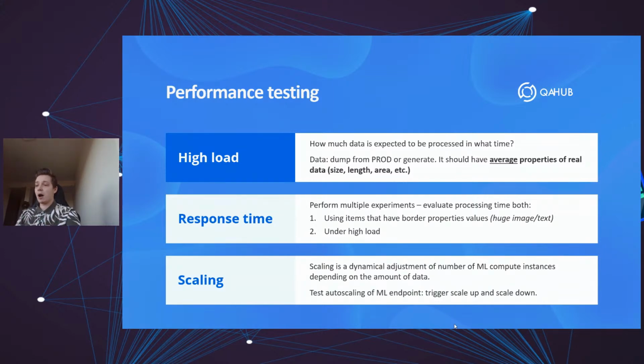In other words, the more incoming data we have, the more instances with the deployed model will appear. And when the amount of incoming data decreases, the number of instances also decreases. So when testing scaling of an ML endpoint, we shouldn't forget to trigger both scale up and scale down.